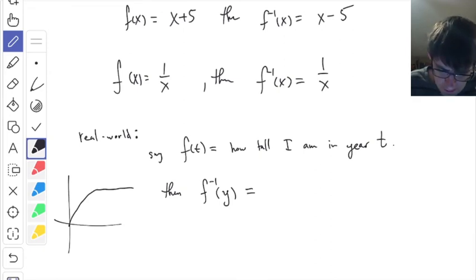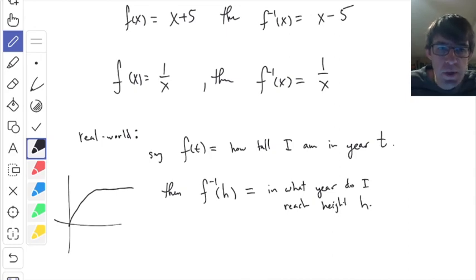This would mean something like, in what... Why did I call it y? I didn't mean to call it y. I meant to call it h. You can call it whatever you want, but this is to be a little suggestive about what this function means. F inverse of h would mean in what year do I reach height h, right?